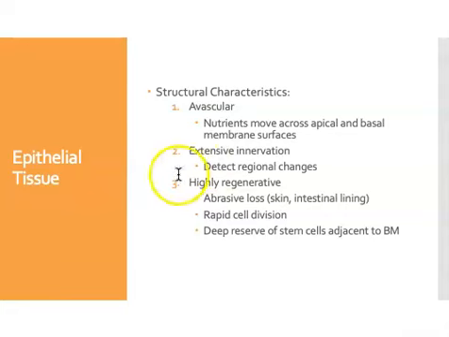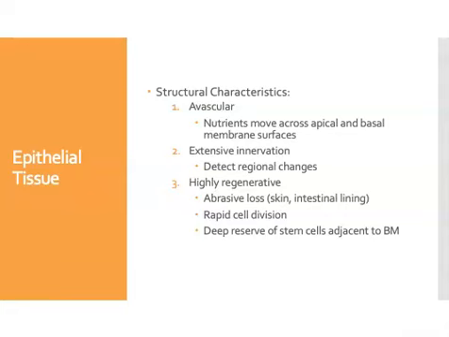Epithelial tissue is also highly regenerative. In other words, it replaces itself quite readily. Now, if you think about where epithelial tissue is found, this is important. It lines the surface of the body, and that surface is commonly exposed to things that will remove the surface layer of the tissue.